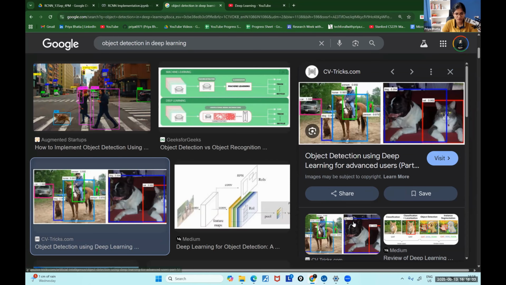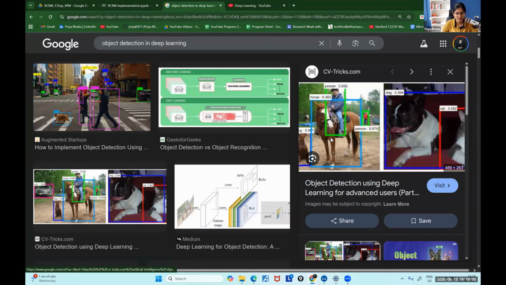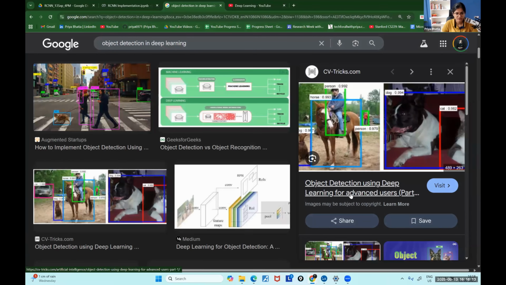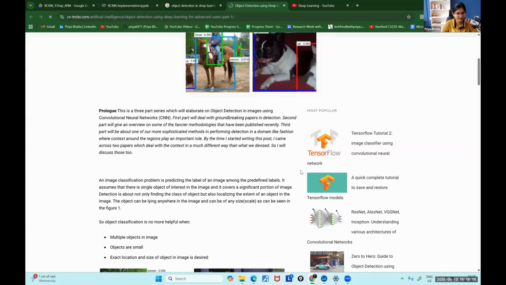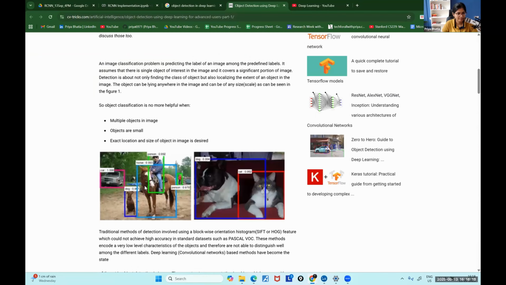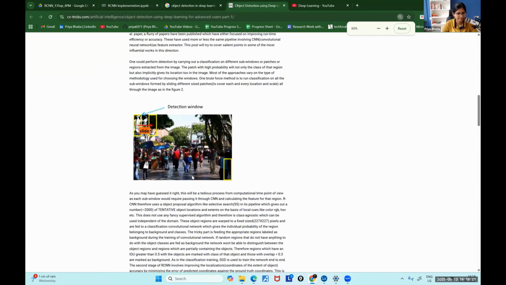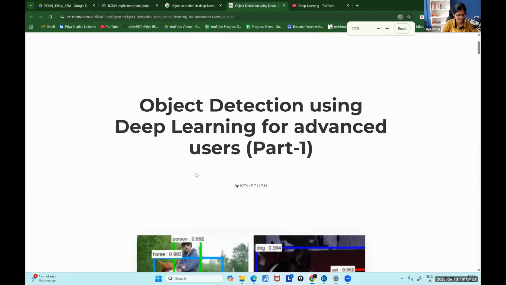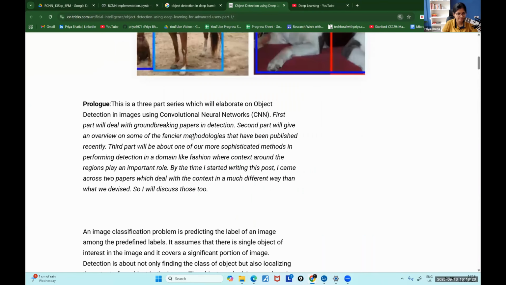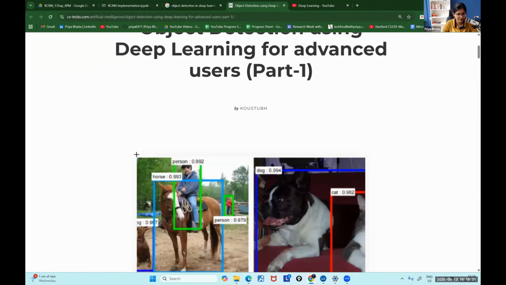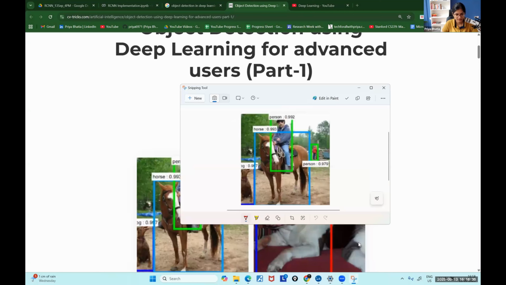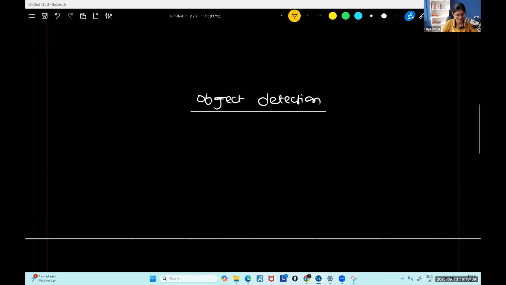If I try to save this image and showcase it to you, it's not a PNG, so just give me a second. Maybe a single image is also enough to understand the concept I'm trying to convey. This is the literal meaning of what we call detection.